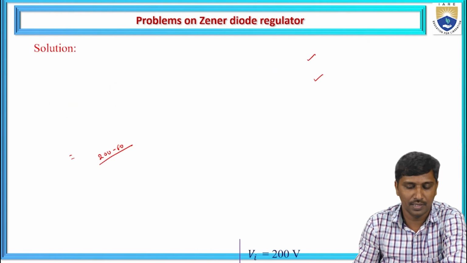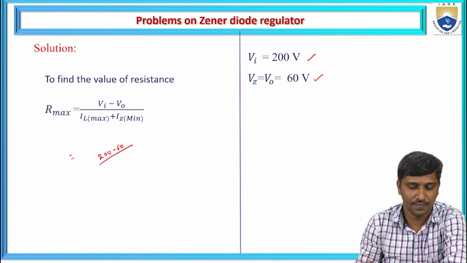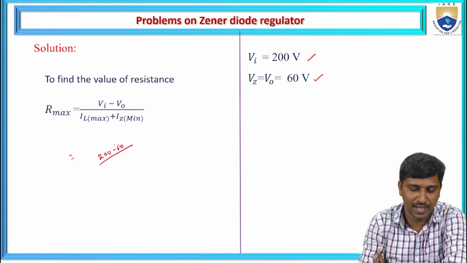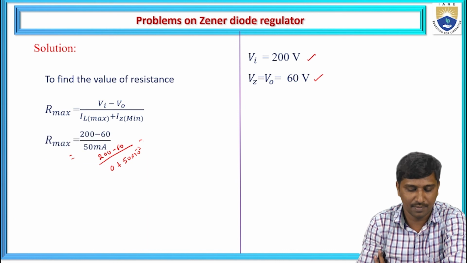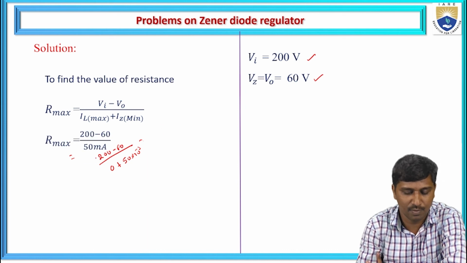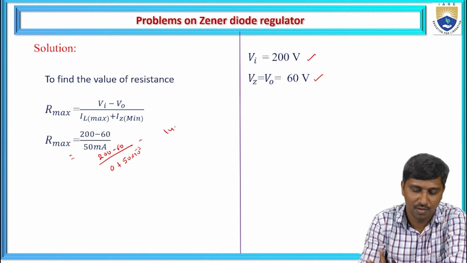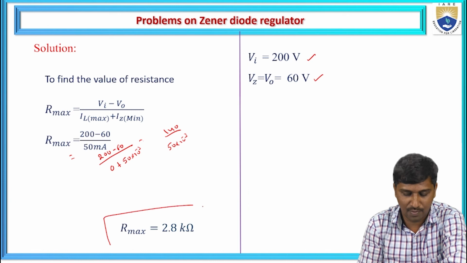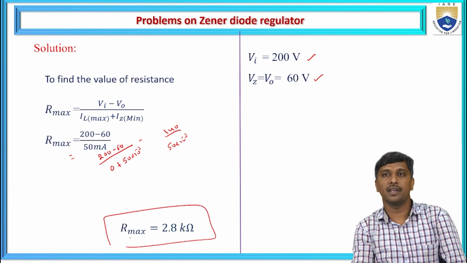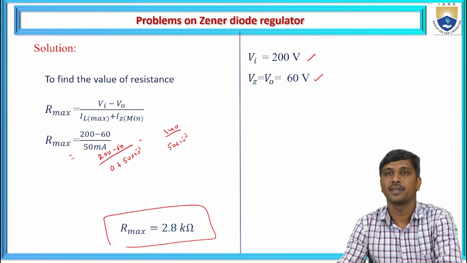So VI is 200 minus V0, 60, with IL equal to 0 and IZ maximum 50 milliamperes. That is 200 minus 60 by 50 milliamperes, that means 140 by 50 into 10 to the power of minus 3. Then R maximum is 2.8 kilo ohms.